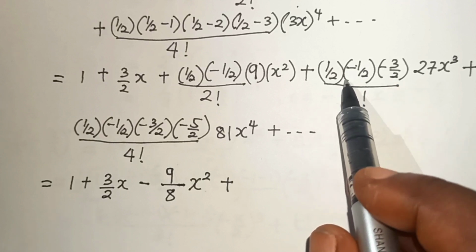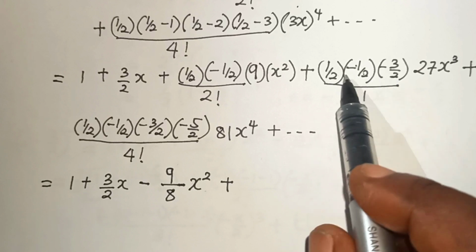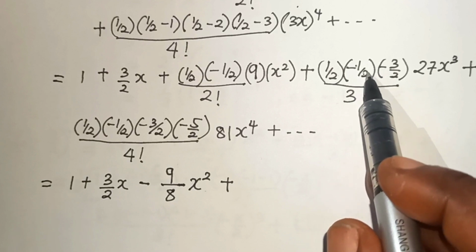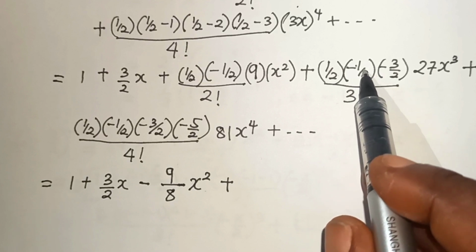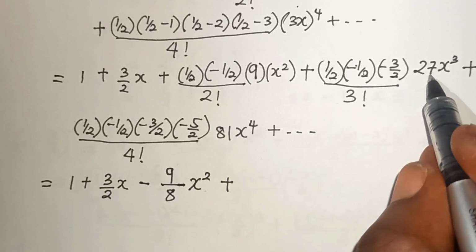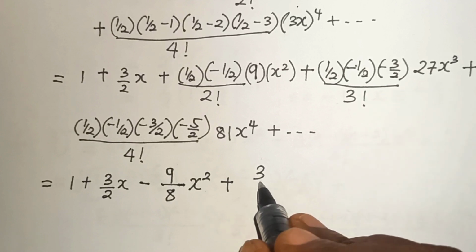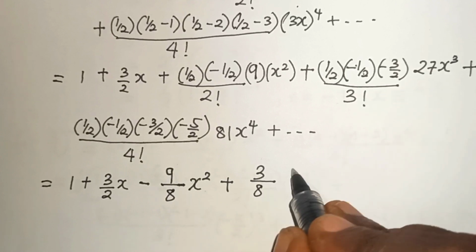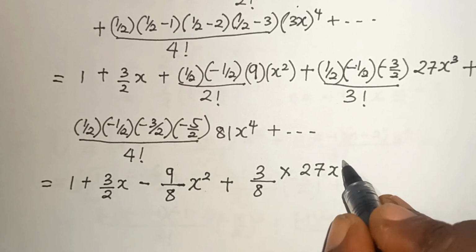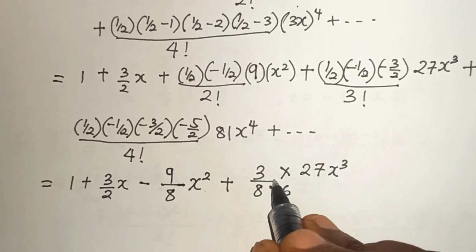The denominators will give us 2 times 2 times 2, that's 8. On the numerator up here we have 3 over 8 times 27x cubed. 3 factorial is 6, so we have 6 down here.